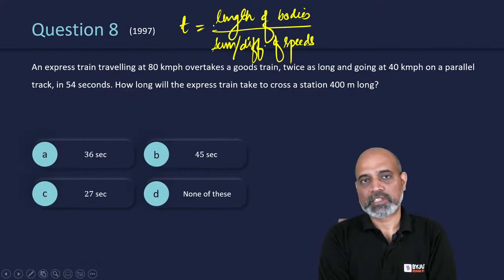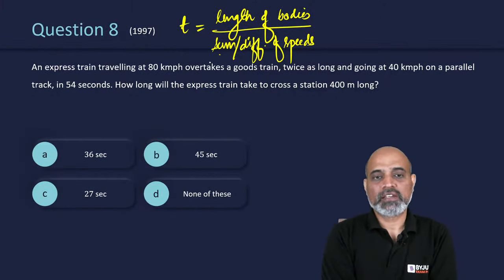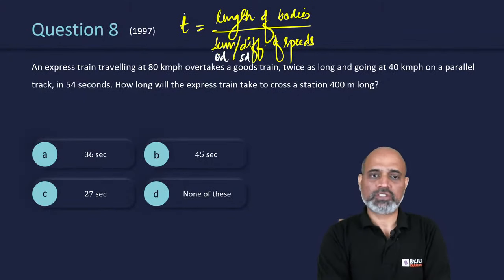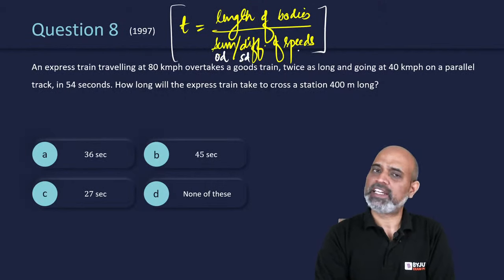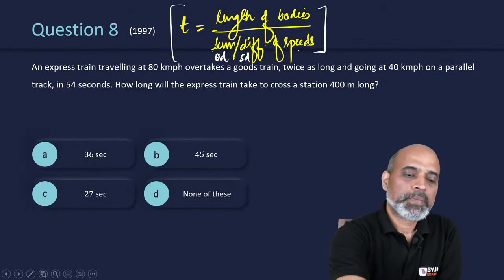We take the sum when the bodies are moving in the opposite direction, and the difference when they are moving in the same direction. This is the only formula, and it takes care of all questions like these. So let's start with the first part.